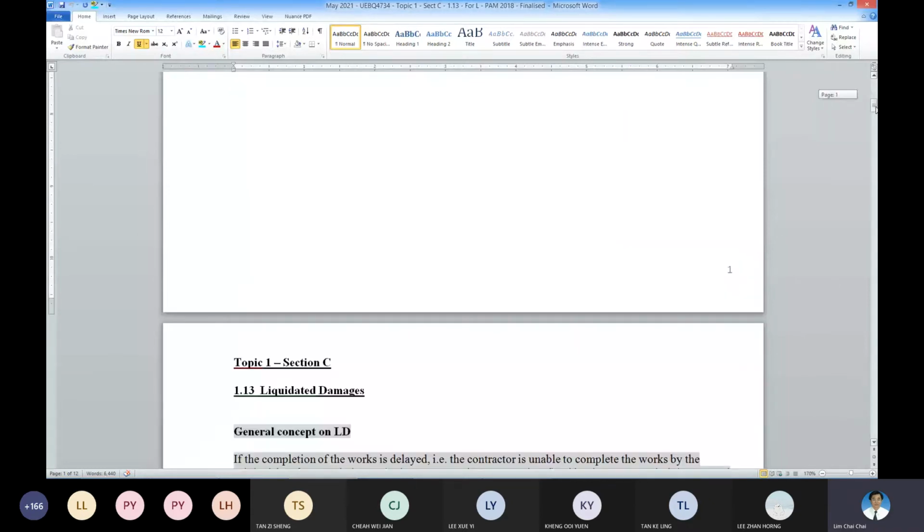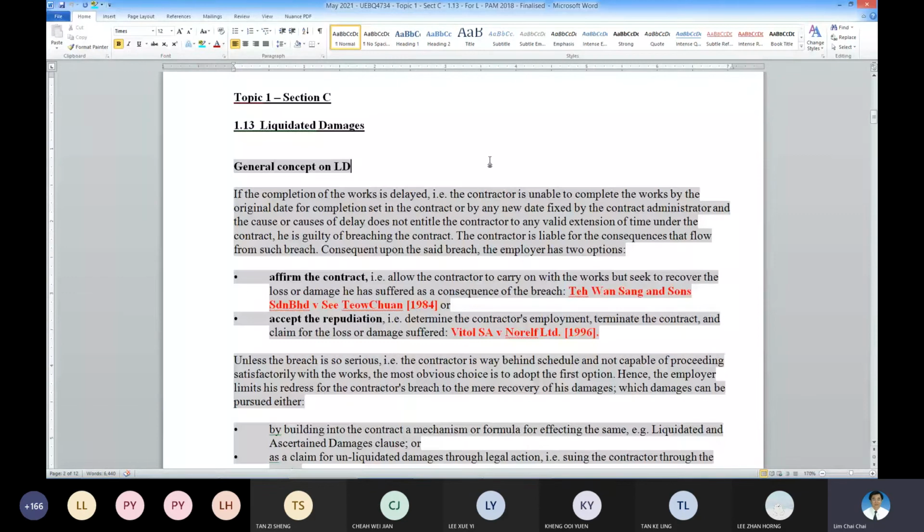As usual, you can see that once I highlight in gray, it is the general concept or common law concept.